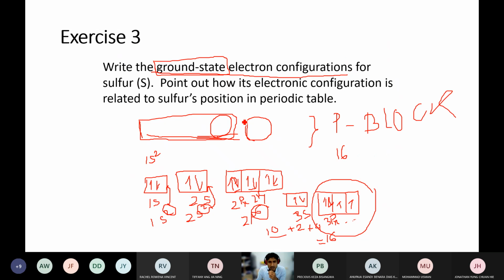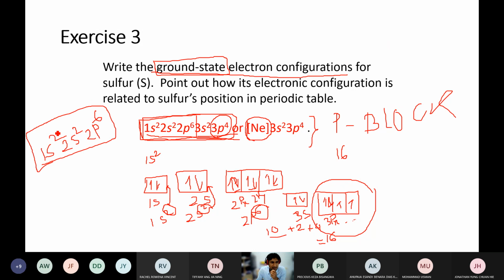So that is why it is shown in this way, that when it is 1s2, 2s2, 2p6, this is actually the neon gas structure, right?